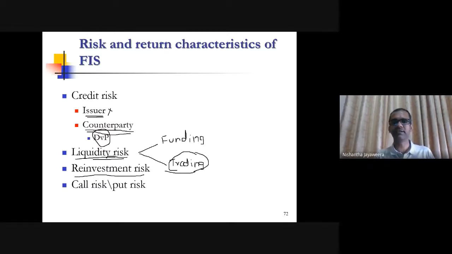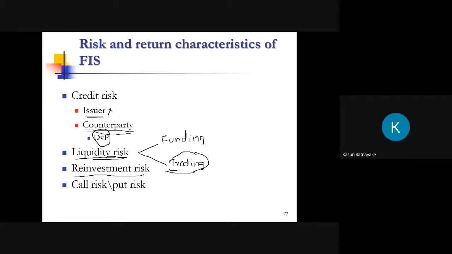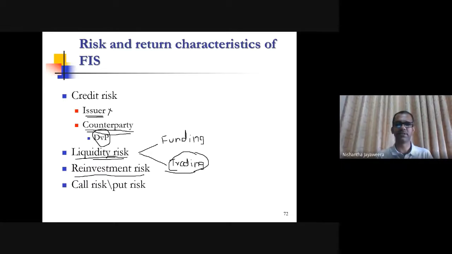And the other one is the reinvestment risk. What is the reinvestment risk? What do you have to reinvest? That's the first thing. That is coupon payments, no, sir? Yes. We get coupon payments at regular intervals. As I mentioned earlier, if you want to realize the yield to maturity which was there at the time of purchasing the bond, you should be able to reinvest the coupon receipts at the same rate.